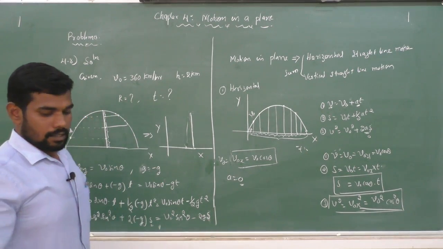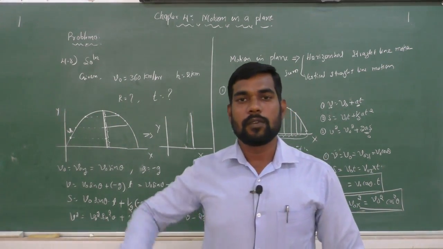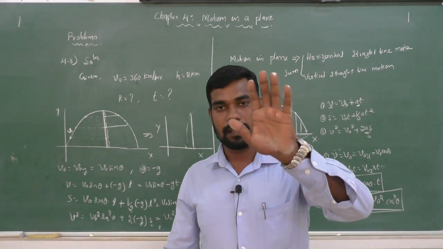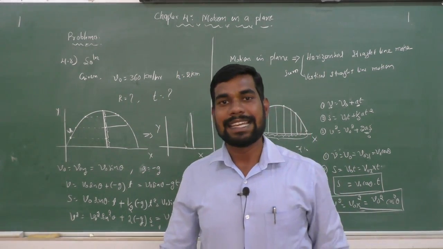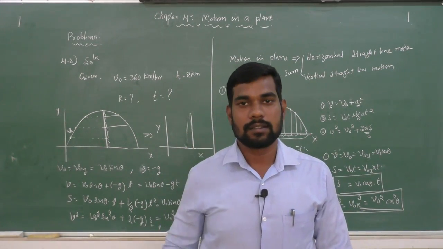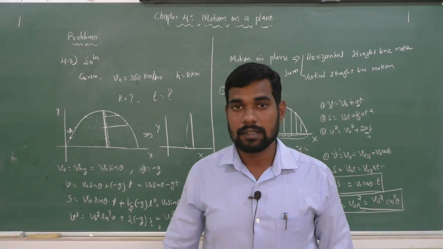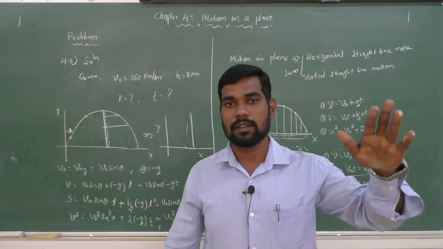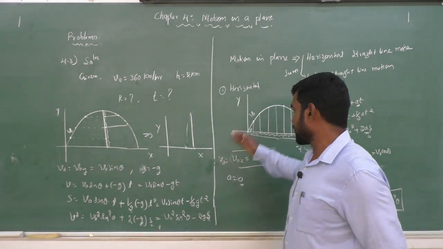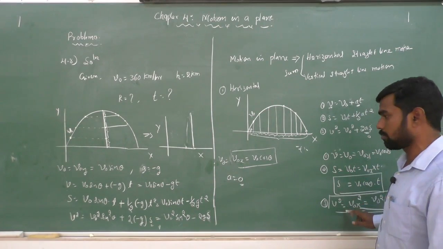What I explained here is that whenever an object moves in a plane, it can be assumed to have two motions. One is vertical straight line motion, and the second one is horizontal straight line motion. If it is horizontal straight line motion, the equations of motion will be these.